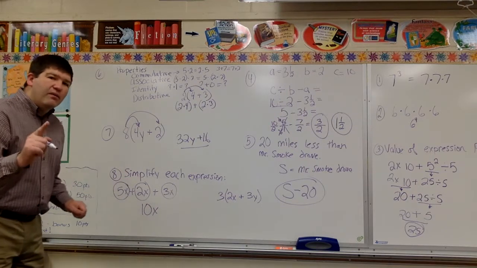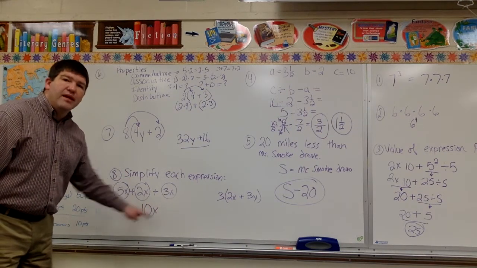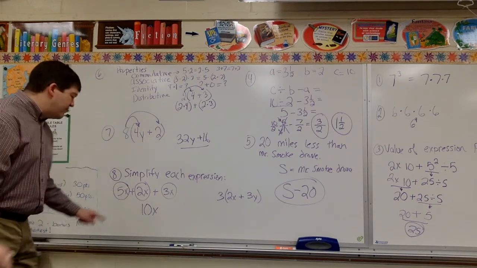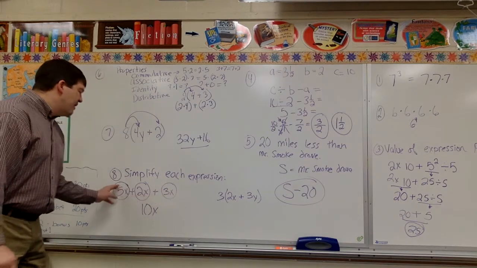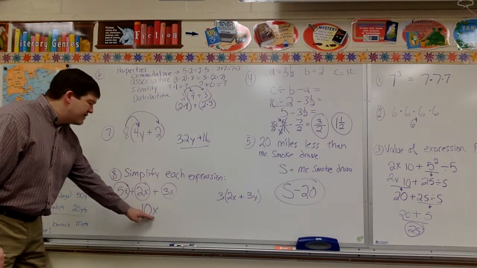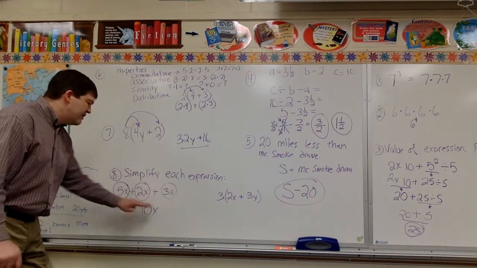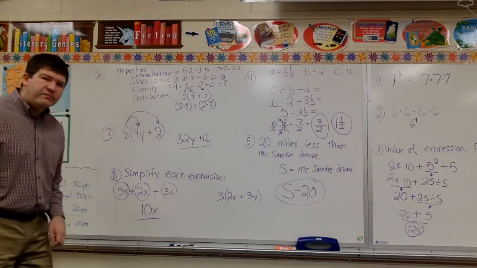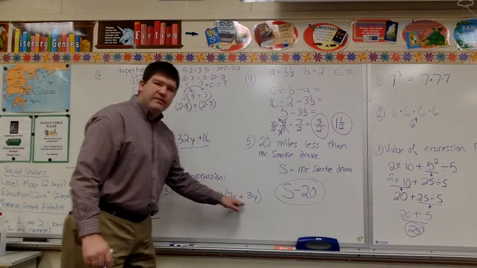So when I find out what x is, so if x is 3, I just do 10 times 3. Instead of having to do 5 times 3, 2 times 3, 3 times 3, add that to that to that. That's more complicated. This is a lot simpler. So I have simplified this into here.